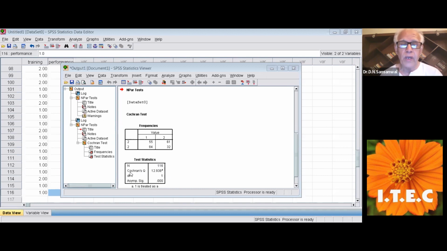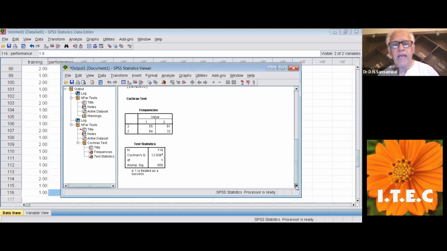Then Cochran Q is significant. That means there is an association between the exam result and the computerized testing. So you can have these two values.